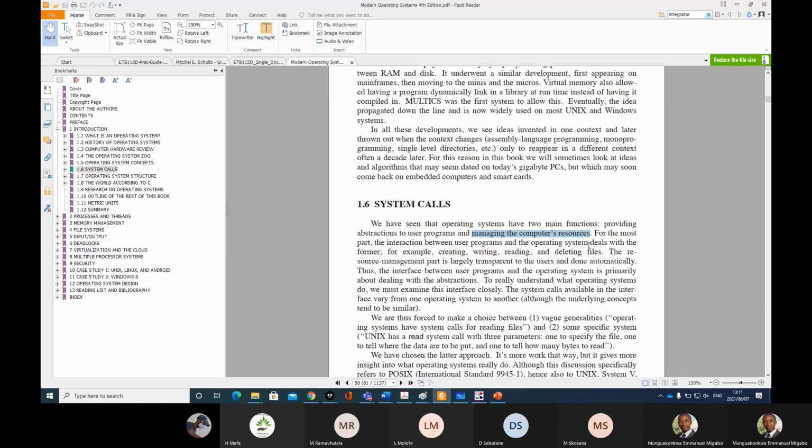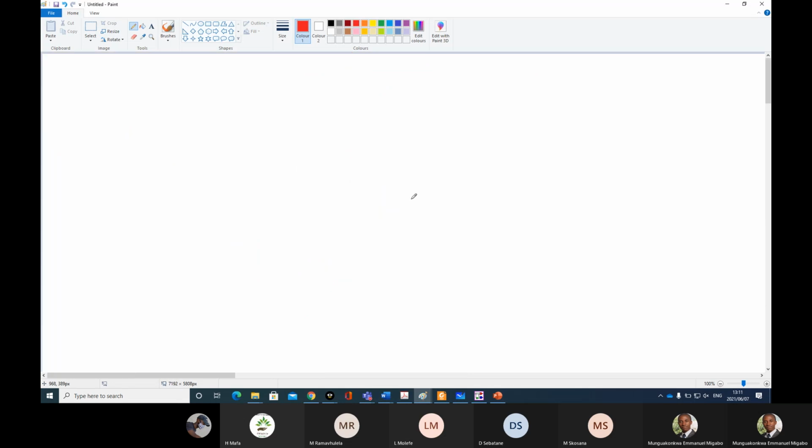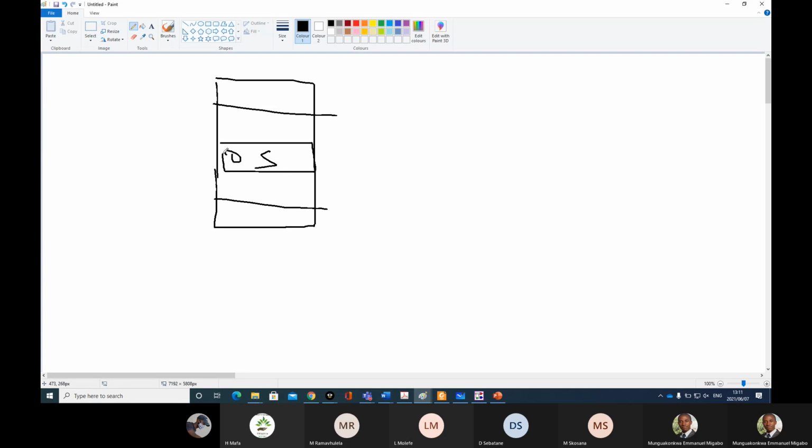How does it provide abstraction to user programs? Remember, when you're sitting at a much higher layer, I'm talking about the layers in computer organization, all the way from memory to application through the user interface programs. The operating system, as you noticed, was creating a transitional layer between the application on the top side as well as memory.